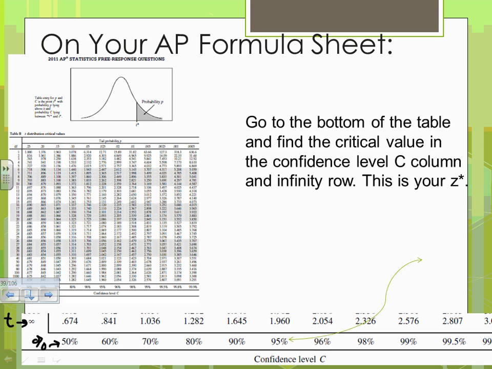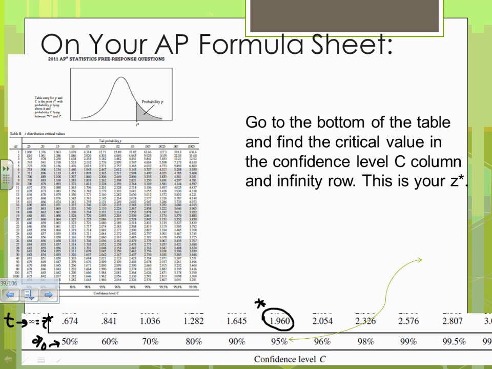As t goes to infinity, you're actually going to get your z star. This is where we're going to find our critical values for the different percentages. For 95%, more accurately, I know we rounded to 2 using the empirical rule, but you're actually going to have a critical value of 1.96. Remember, this is one you might just want to know by heart. It doesn't take you that long to flip to this chart, however, it's up to you.